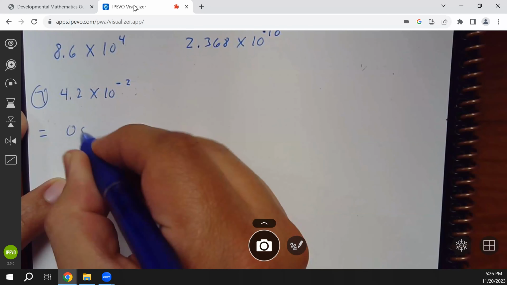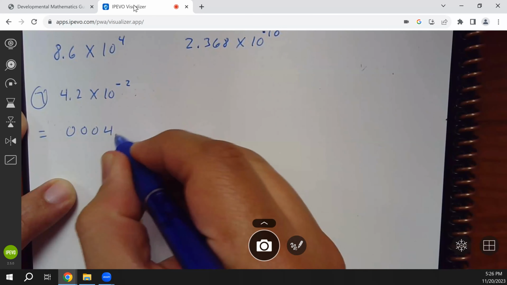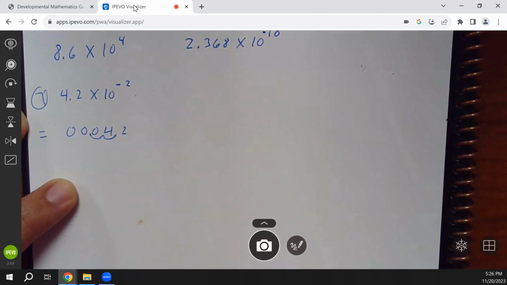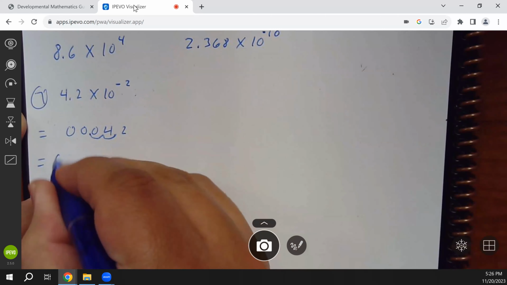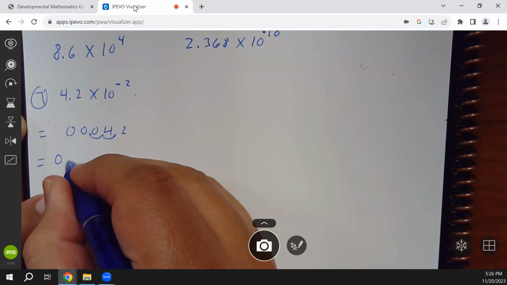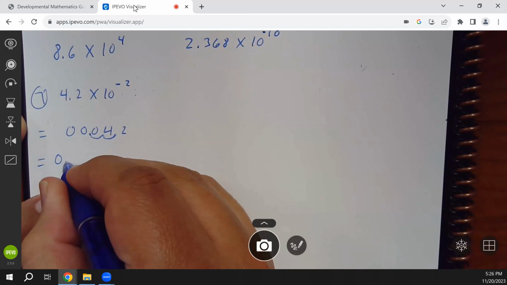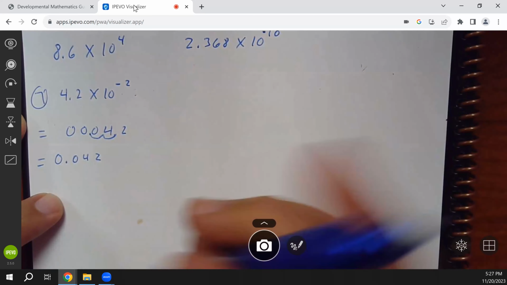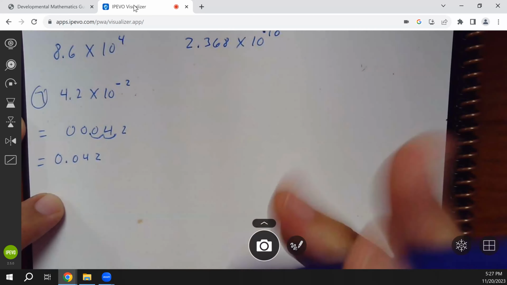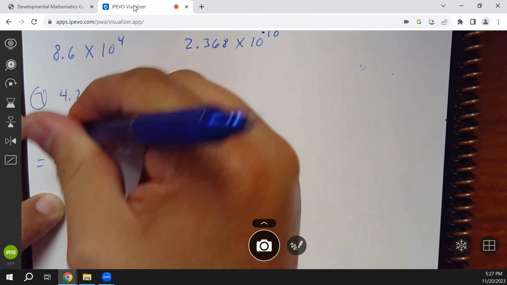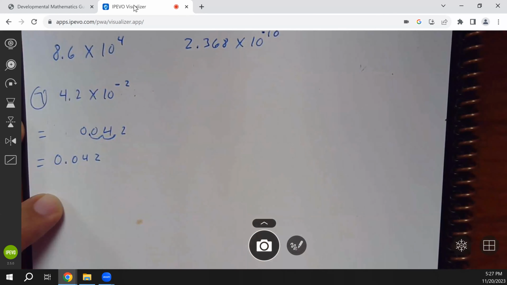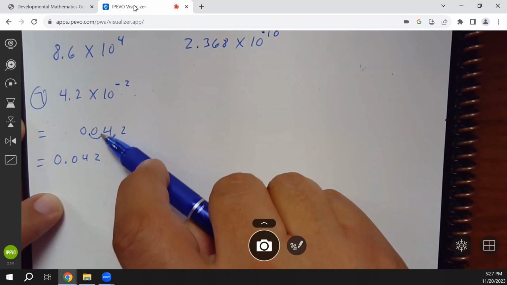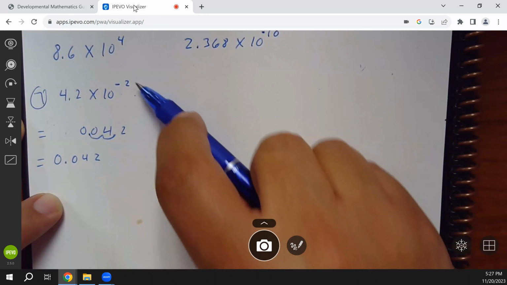You gotta put your own little zeros there. 1, 2. So this is 0.042. I need that many. I didn't need this one. So if I have negative 2, you go from here, move it twice to the left. If it's positive, you move to the right.